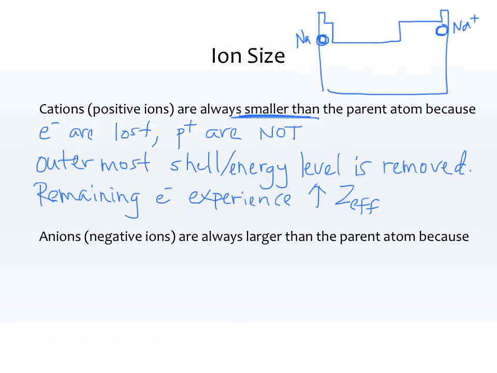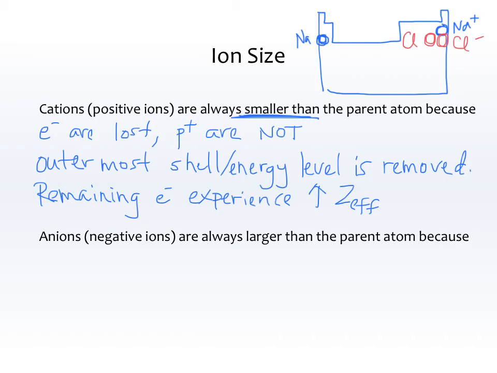So if we think of anions, those are negative ions, they're always larger than the parent atom. So then we'll talk about chlorine, plain Cl, versus Cl- that's gained an electron. The anion, Cl-, is larger than the parent atom, just plain chlorine.